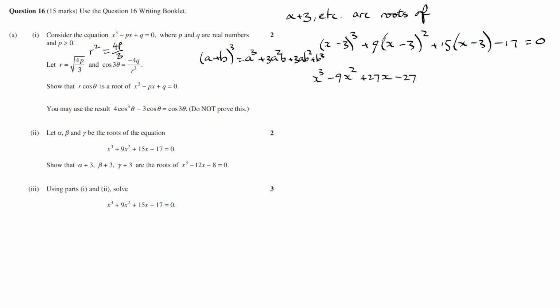Okay, so that's that bit, and then we'll have 9x squared, and then it's going to be minus 6x times the 9, which is negative 54x, and then plus 9 times the 9, which is plus 81. I'm running out of space.